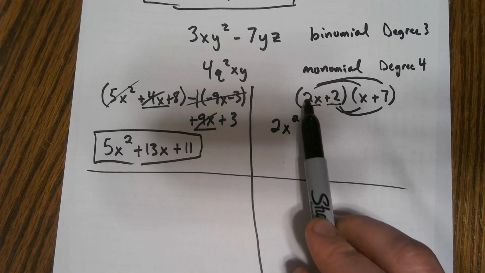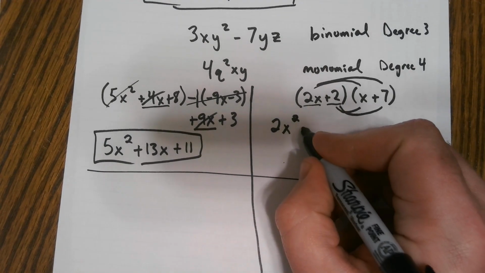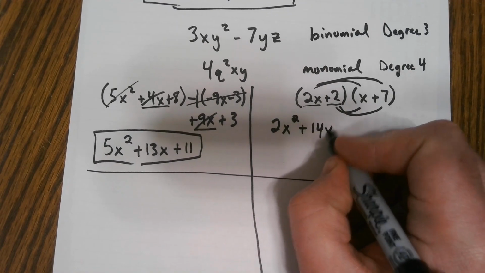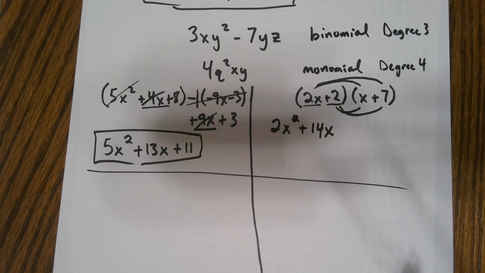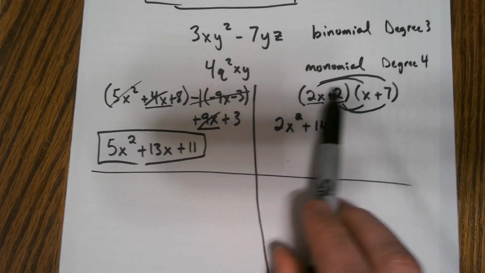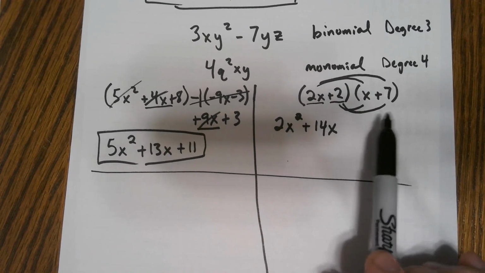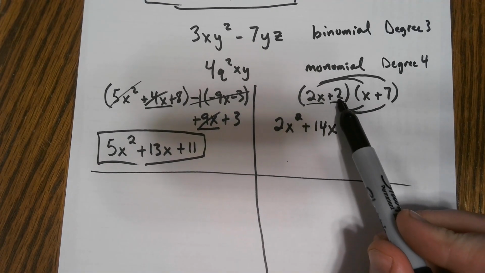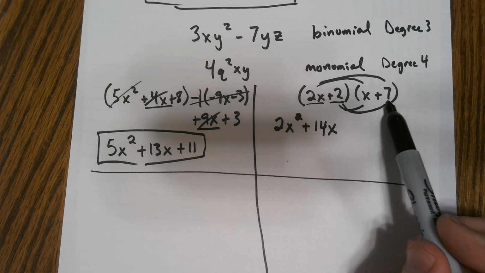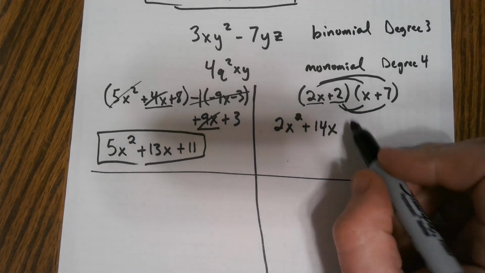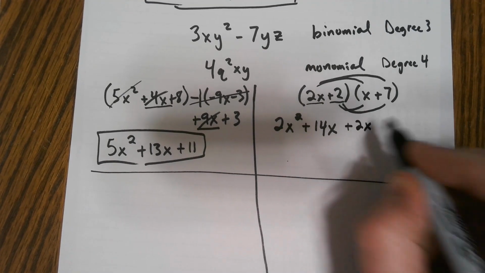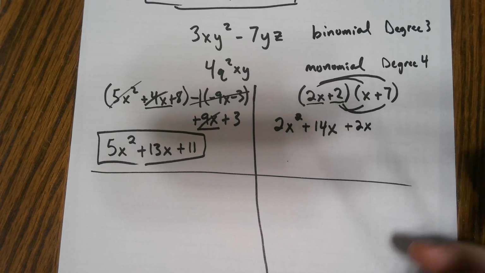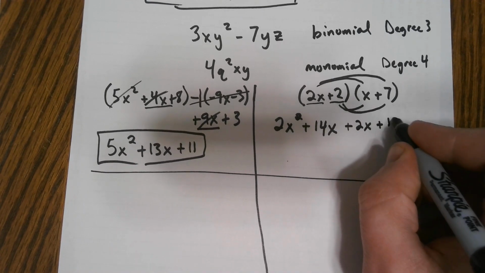And then I take 2x times 7, and I get positive 14x. So that was me distributing the 2x to each part of this second binomial. After I do that, I'm going to take the 2 and just multiply it times each thing. So 2 times x is plus 2x, and then positive 2 times positive 7 is plus 14.